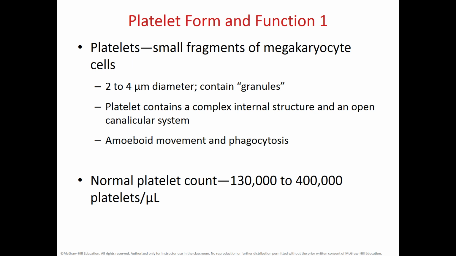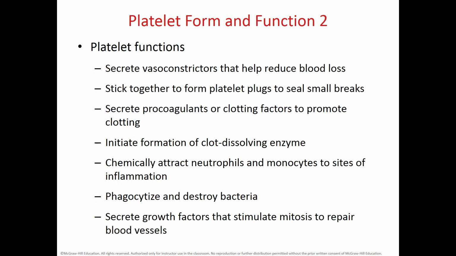So it's a complex of channels inside the platelets that helps to deliver these chemicals that they have in the granules to the outer surface, so that they can start forming these platelet plugs. And the platelets, once they start functioning, have this amoeboid movement and phagocytosis. Normal counts of platelets is between 130,000 to 400,000 platelets per microliter.